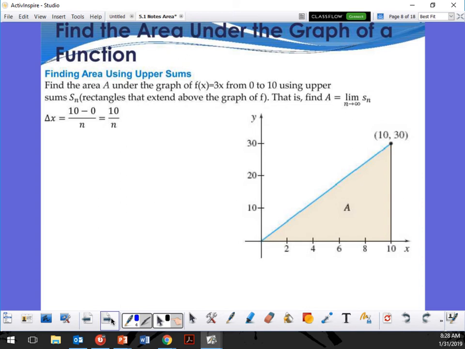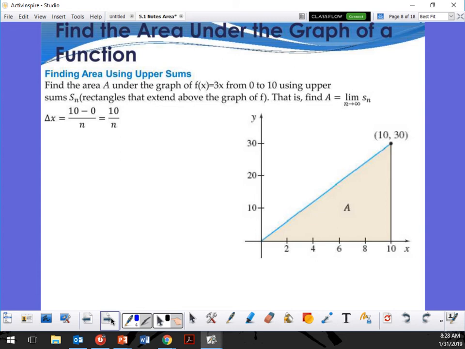Yes, it's a straight line. So over however many upper sums, rectangles extending above the graph, no matter how many I put in there, it's all going to eventually come out to be the area of that shape. What shape is that?